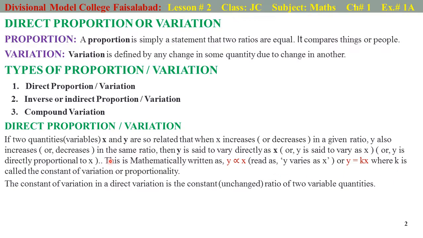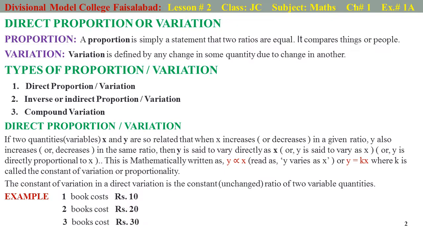Let's take an example to explain k and this relation. One book costs rupees 10. Two books will cost rupees 20 and three books will cost rupees 30. Look at the number of books. So in this statement there are two quantities. One is the number of books and the other is cost.